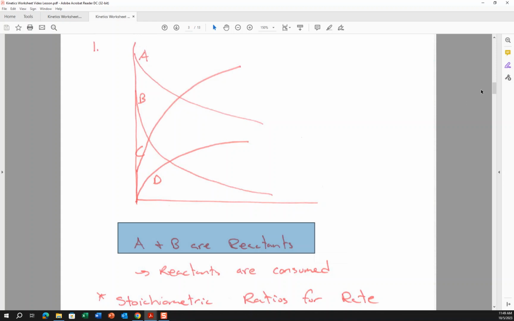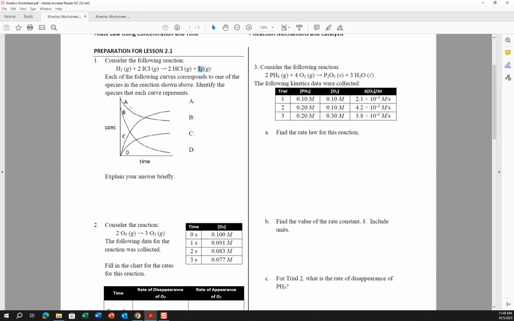If we go back to the worksheet here, we're losing A at a slower rate than we're losing B. That should tell us that A is H2 and B is ICl, because I lose 2 times the amount of this compound for every one of these.